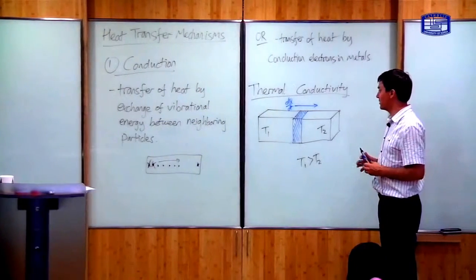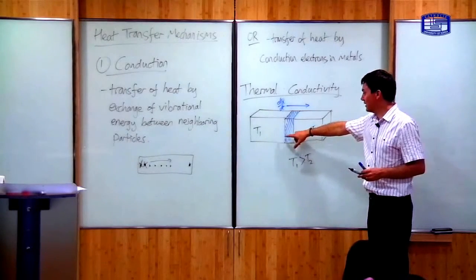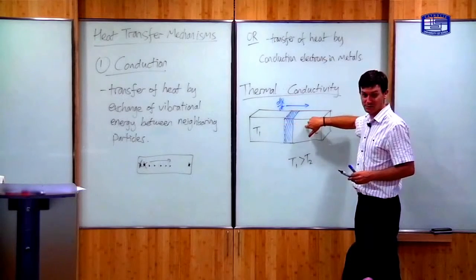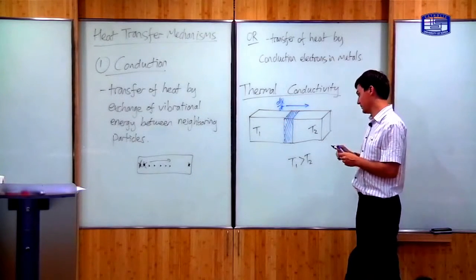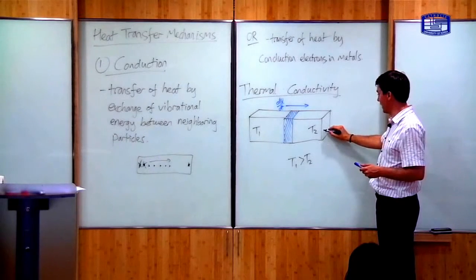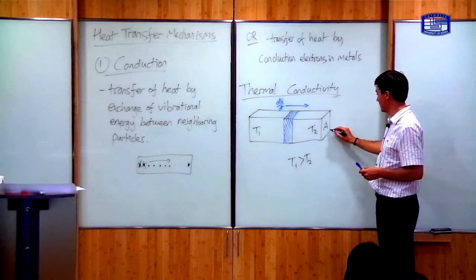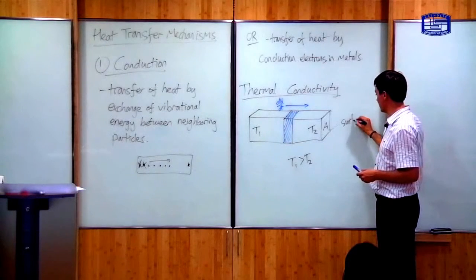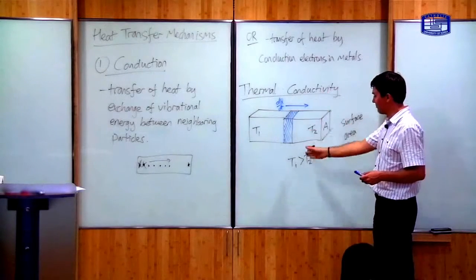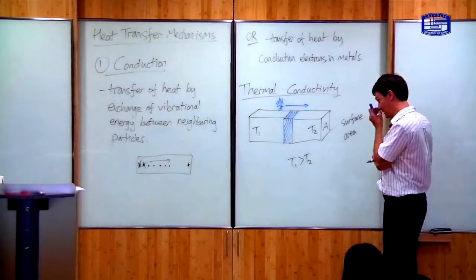So the thermal conductivity of this conductor here tells you how much heat will be transferred from here to here. So how big is dQ by dt? Now it depends upon various things. It depends upon the area of the connecting surface, which I'll call A. So A is the surface area, the area of the surface connecting the conductor to the reservoirs.